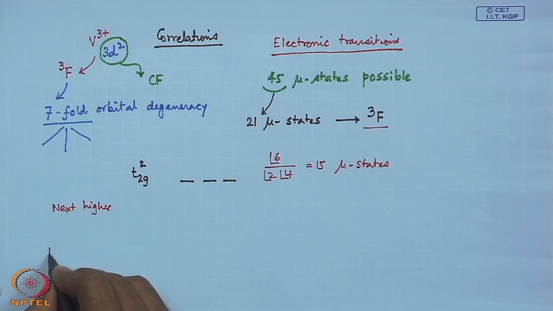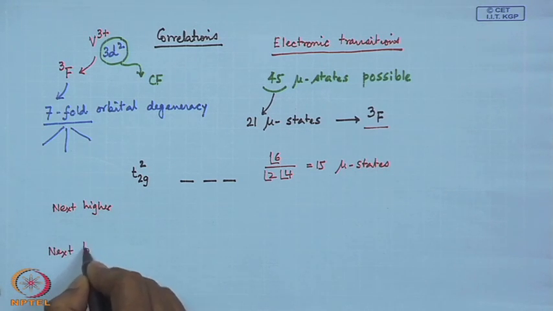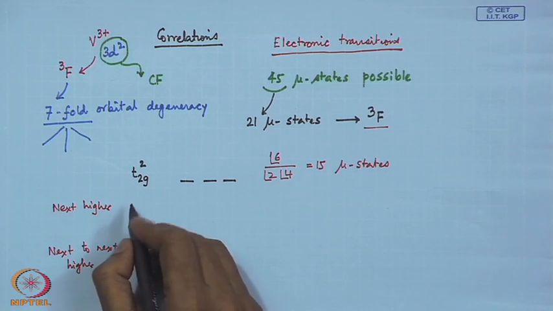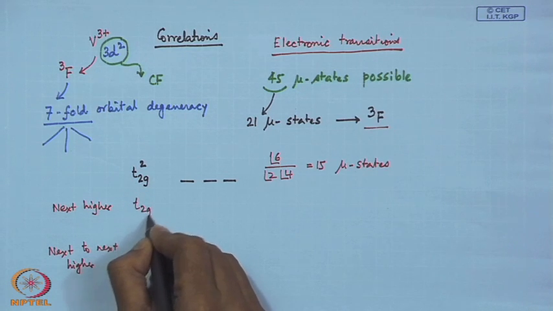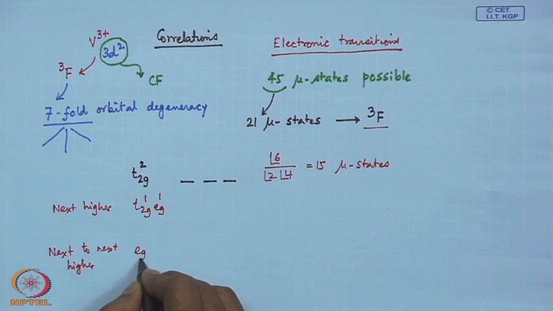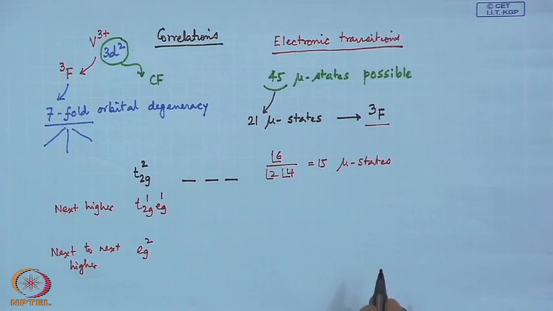Next higher, and then next to next higher level. The next one will be T2G1 EG1, and the next to next higher level would be EG2.